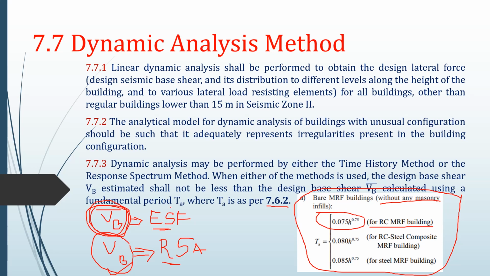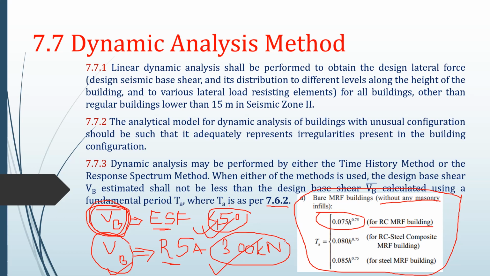So suppose from the response spectrum analysis method we got a base shear of 300 kilonewton, and from the equivalent static force method we got a base shear of, suppose, 450 kilonewton. Now from dynamic analysis we got a lesser value of base shear. Although this may happen, we still have to design our structure for this minimum 450 kilonewton base shear.